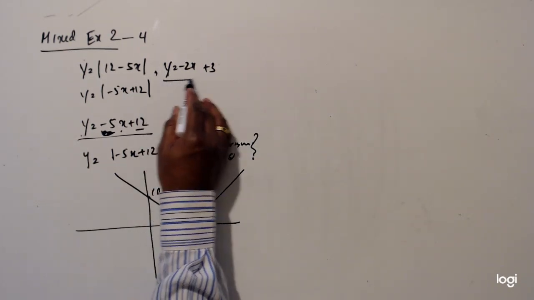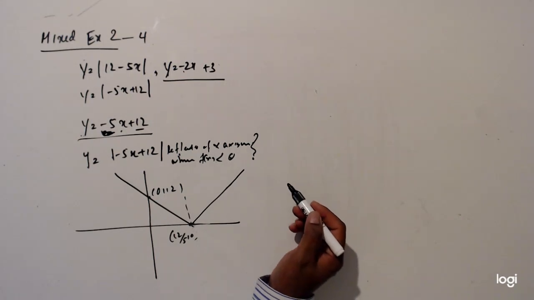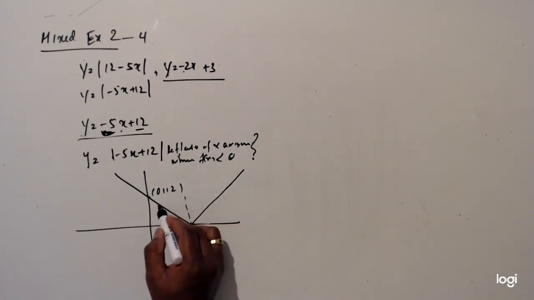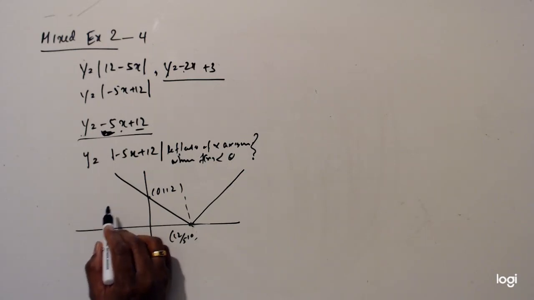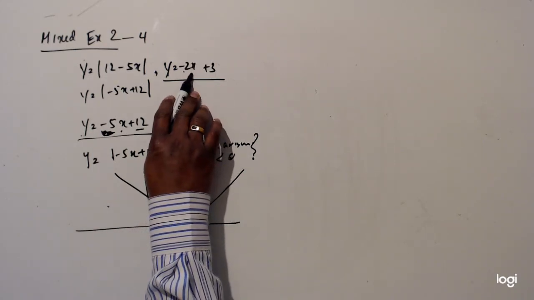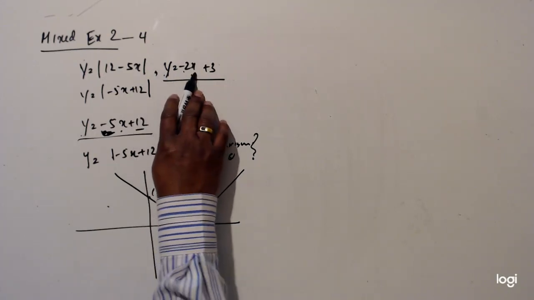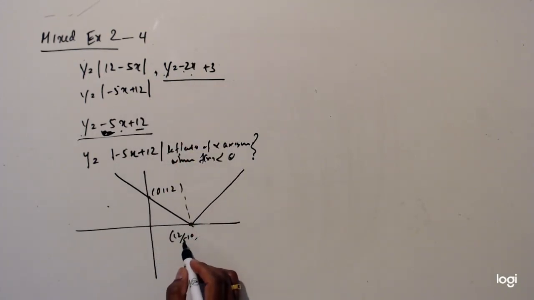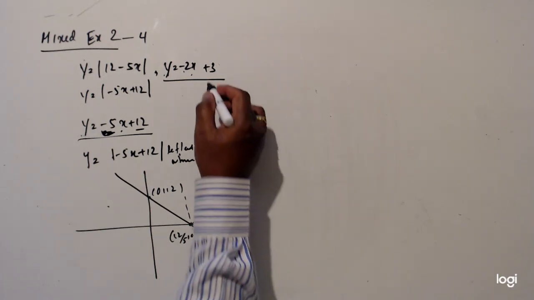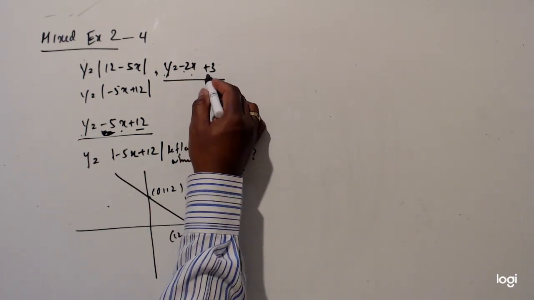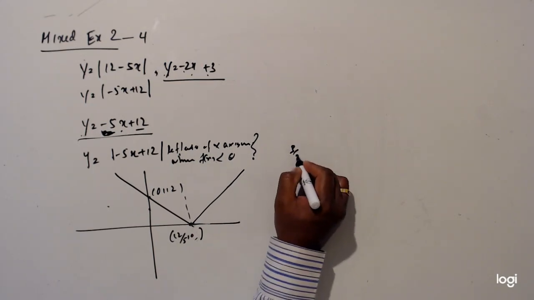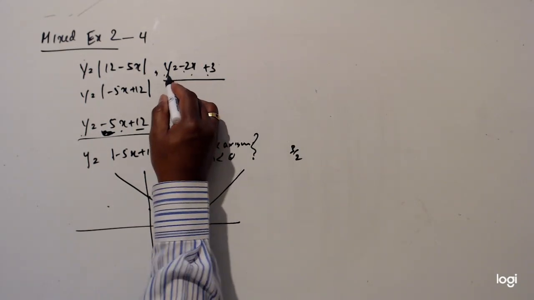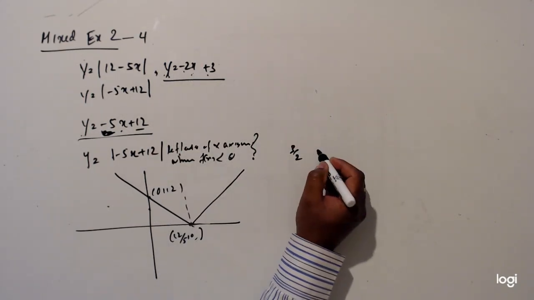And then this graph, negative gradient again, it goes through (0, 3), and when y equals 0, x equals 3 over 2. So the y-intercept is 3, and when y value is 0, x equals 3 over 2.